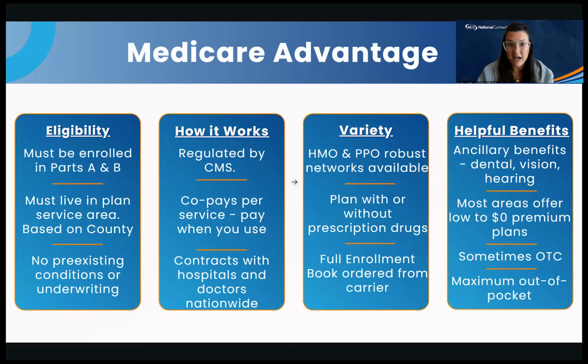So you want to explain how a Medicare Advantage plan works. It's regulated by CMS. It's co-pays per service, so you pay as you go, and they contract with doctors and hospitals nationwide. You mentioned that there's HMOs and PPOs with very robust networks. You can get plans with or without prescription drugs. But if you go that route with prescription drugs, usually it's a built-in premium in the total premium for the plan.